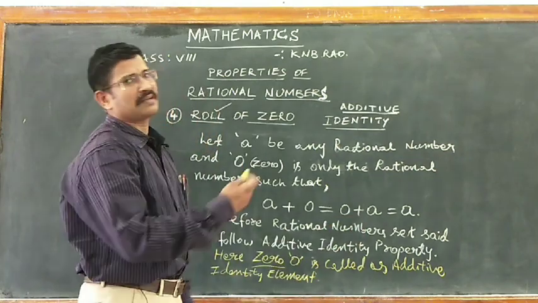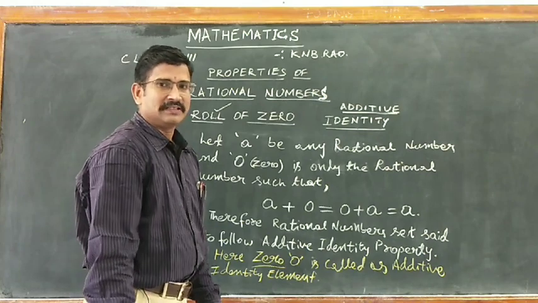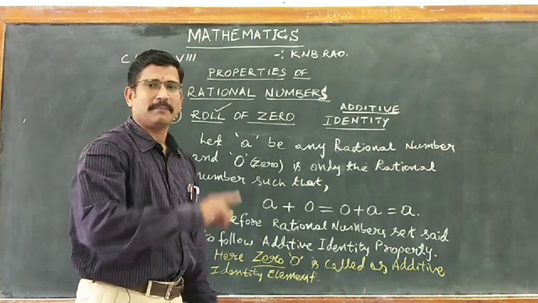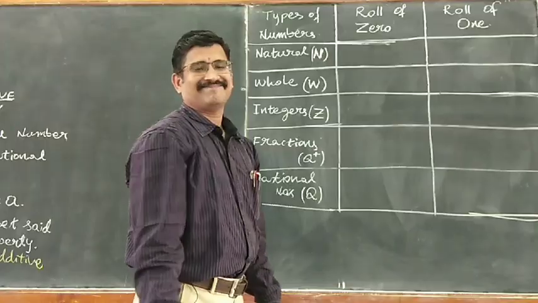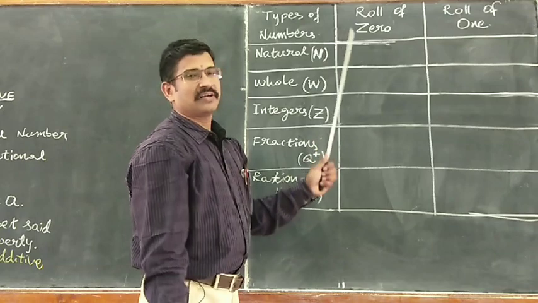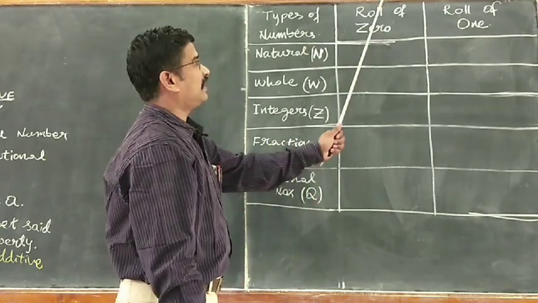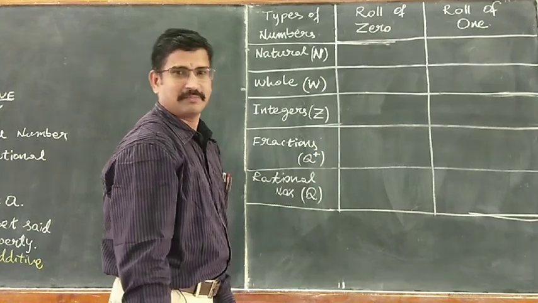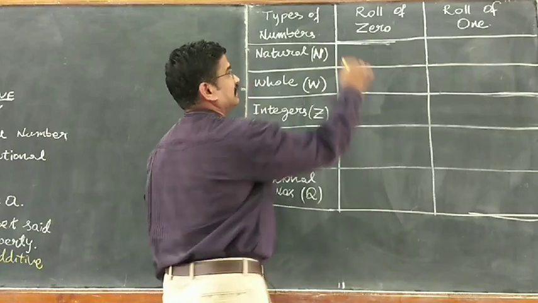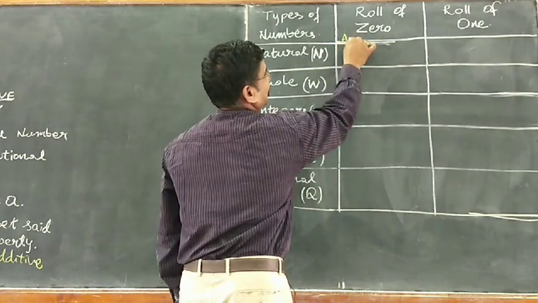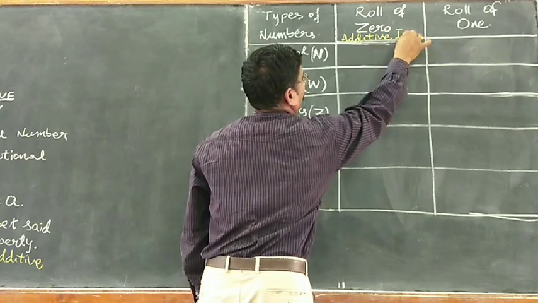Okay, write some examples on your own beneath this. Then we will sum this up with the help of one table. See children, here for different types of numbers, the additive identity property, or we can say role of 0, as it is in your textbook. Additive identity.